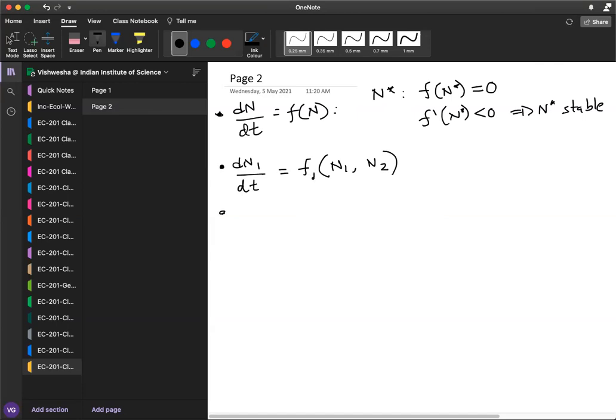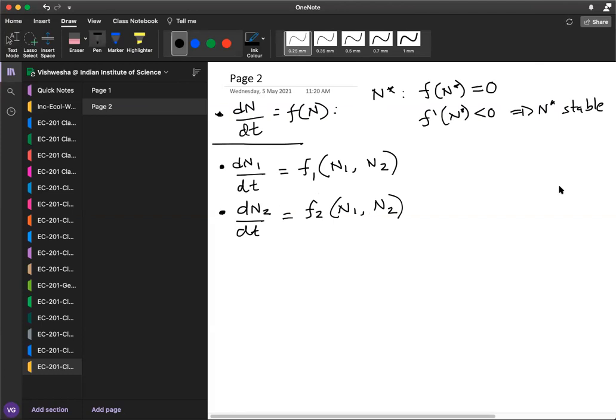And then the second species' growth rate, which I am denoting by dN2 by dt, also depends on N1 and N2. So this is the general form of an interacting species system. In fact, this form is also applicable for predation and competition, and other types of systems.